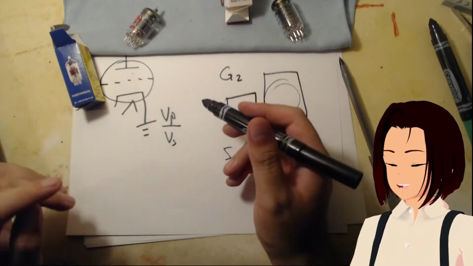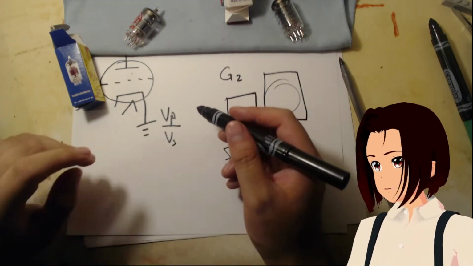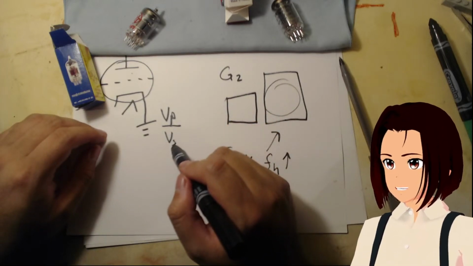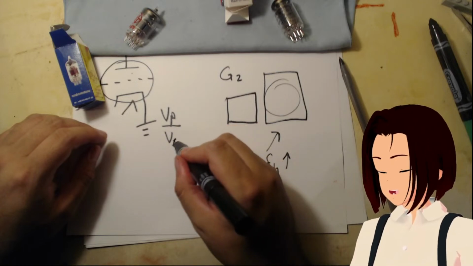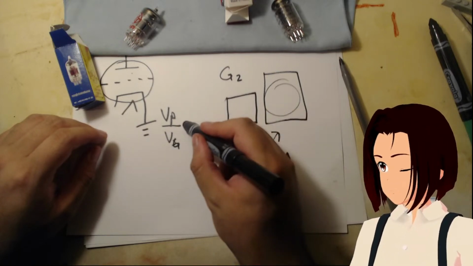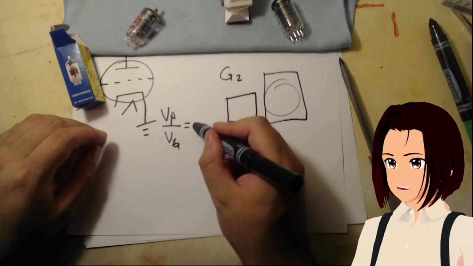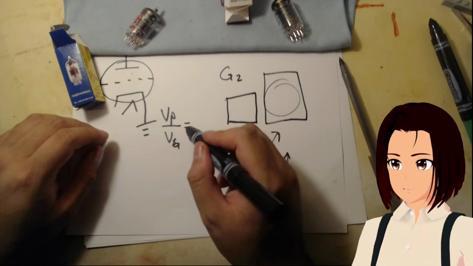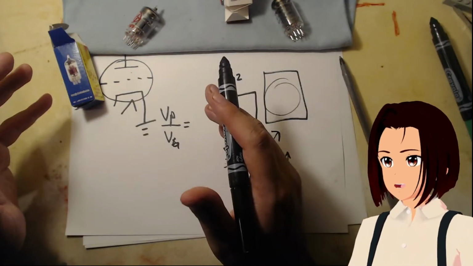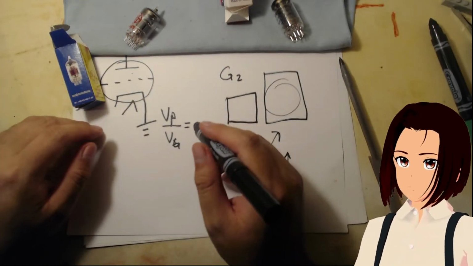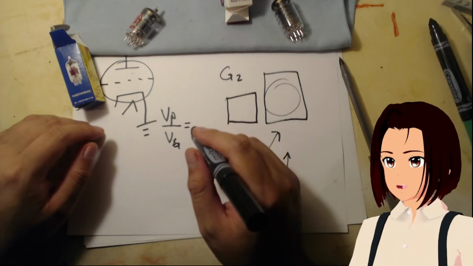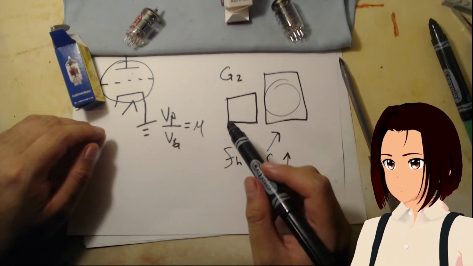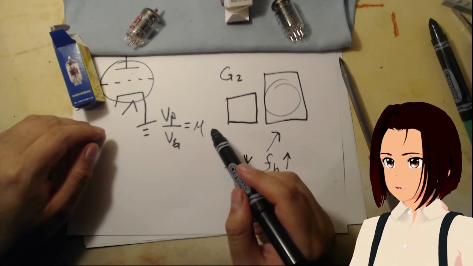If you take the voltage of the plate divided by the voltage of the input signal, or it could be the voltage of the grid, this ratio is known as the amplification factor. I think that's correct. We're going to denote it as mu, and this is the amplification factor.